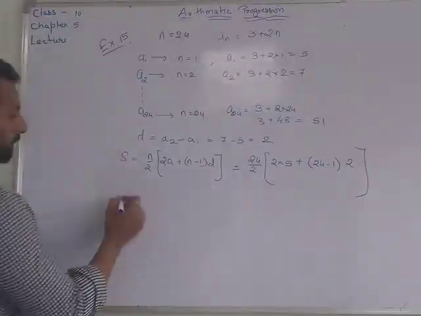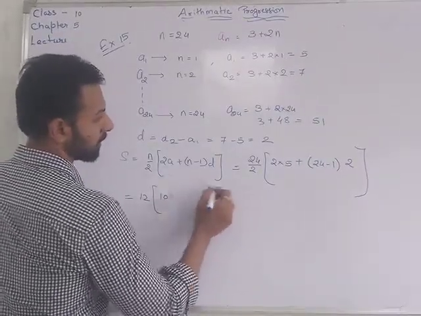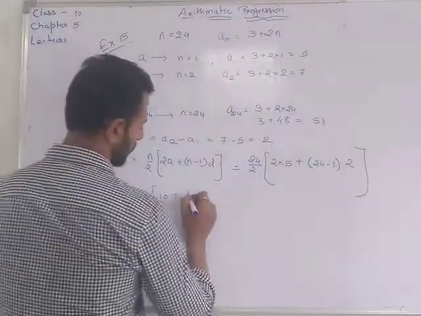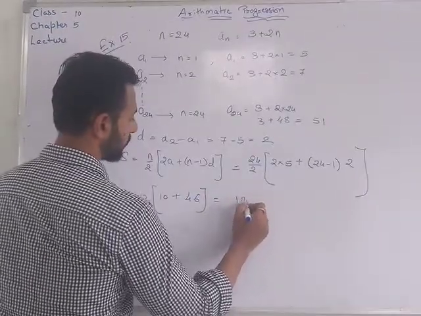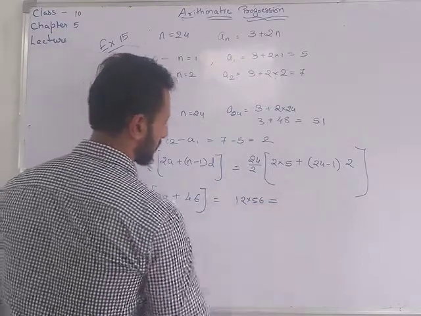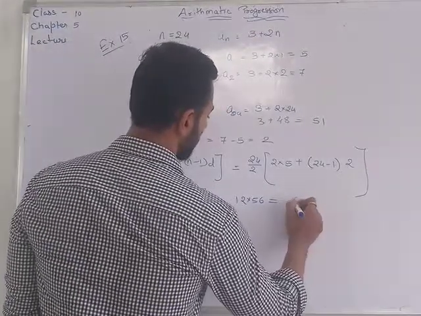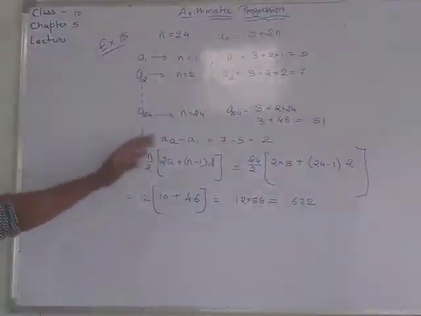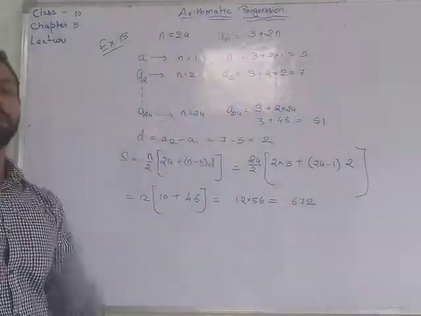Solving this, we get 12 into (10 plus 23 into 2, which is 46). So this will be 12 into 56, and 12 into 56 is coming 672. So the sum is 672 for the first 24 terms when an is given by 3 plus 2n.